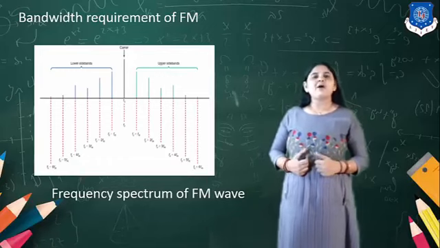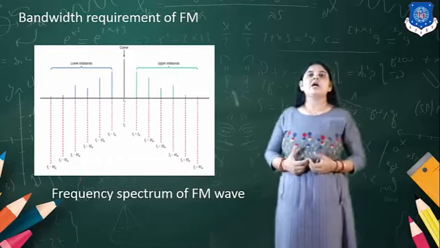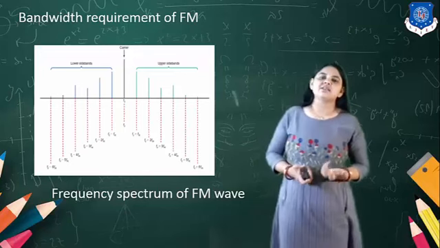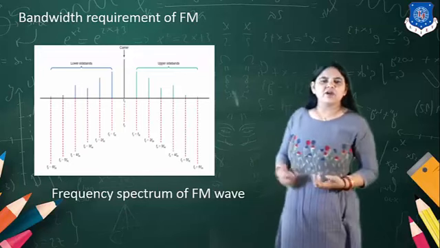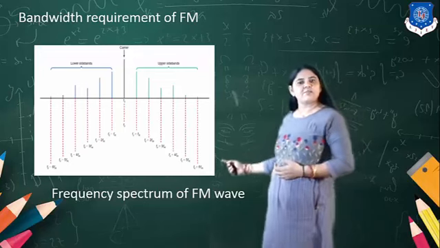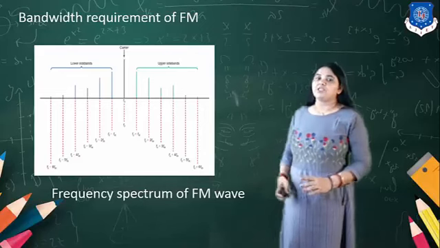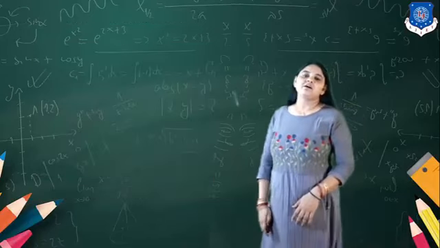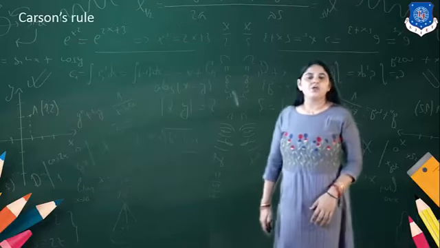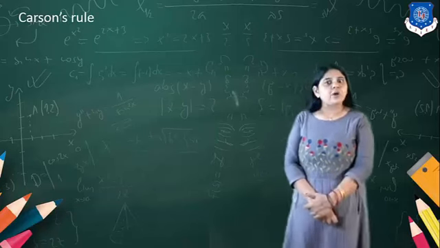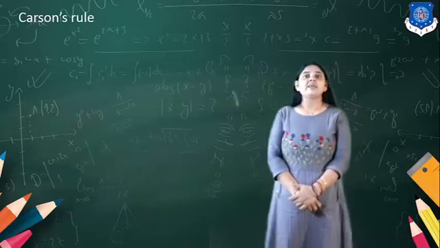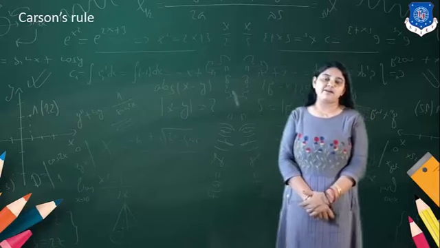We can find the bandwidth by considering the highest frequency band. According to the highest frequency mentioned, you can find out the frequency value. Now the FM wave consists of infinite sidebands.